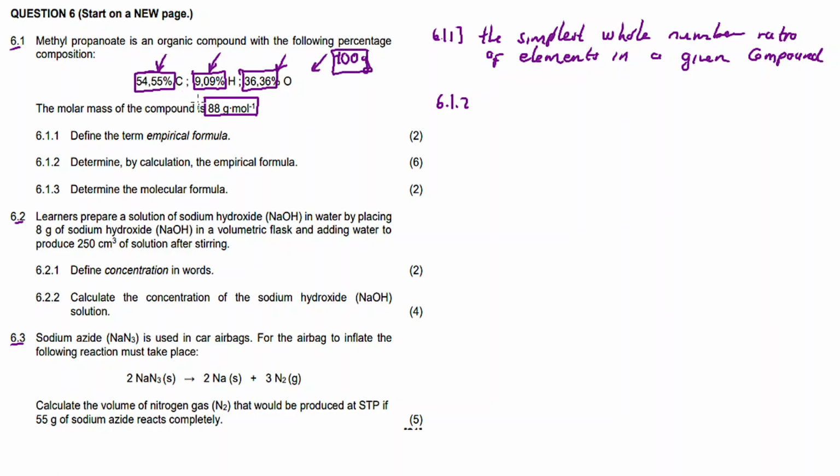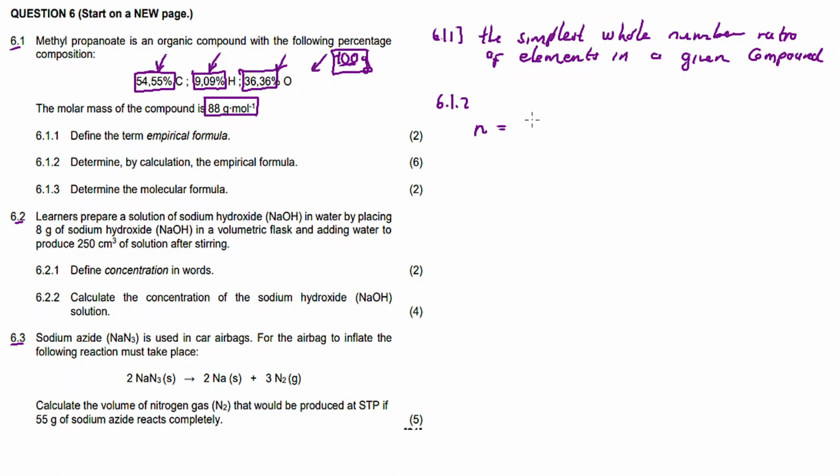Therefore 54.55% of 100 gram gives a total of 54.55 grams as your mass. Hydrogen gives a total of 9.09 grams, and 36.36 grams of oxygen, because we take a 100 gram sample and use that to calculate.